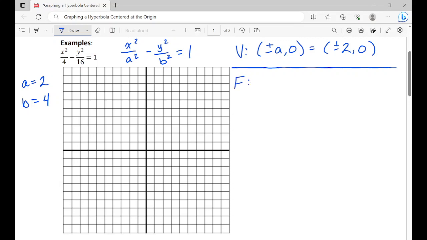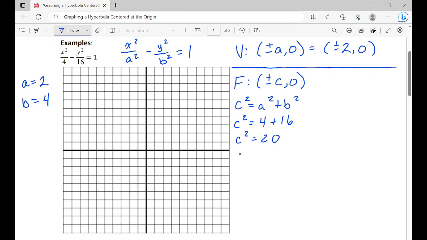Next, we're going to find the foci, and the foci are at plus or minus c comma 0. Now, we don't know c, we only know a and b, but we can use the fact that c squared equals a squared plus b squared to find c. So we plug in our a and b. c squared equals 4 plus 16. c squared equals 20.